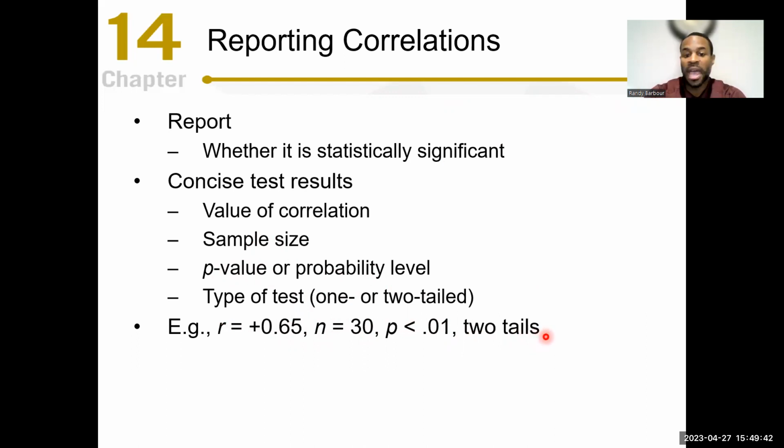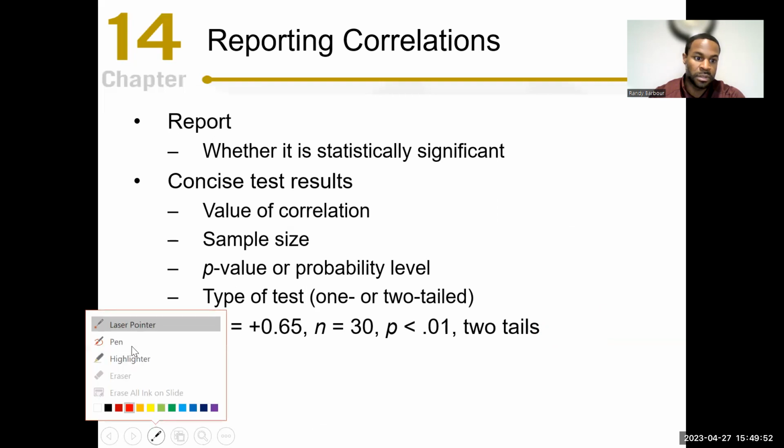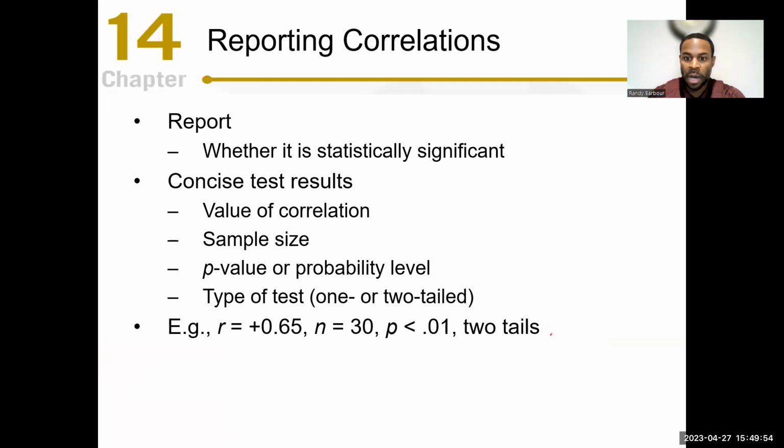And if you wanted to do your effect size, your r squared, then you would put a comma and you would put r squared there. So if I decided to do that, let me go here. I would just go comma, and I would go r squared equals, right? Let me do 0.65 squared.